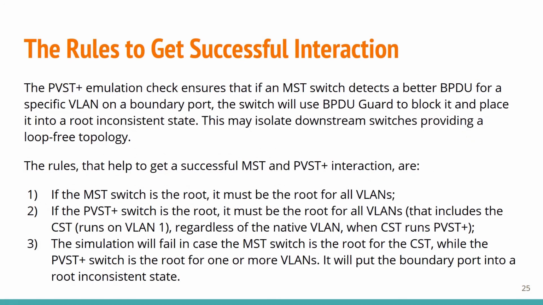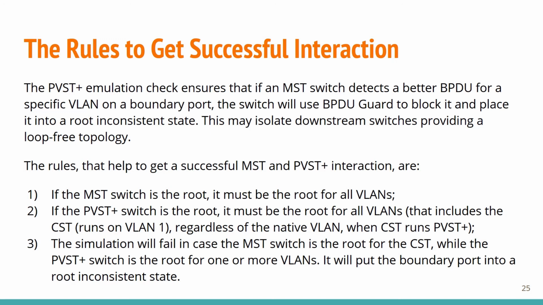The rules to get successful interaction. The PVST Plus emulation check ensures that if an MST switch detects a better BPDU for a specific VLAN on a boundary port, the switch will use BPDU guard to block it and place it into a root inconsistent state. This may isolate downstream switches, providing a loop-free topology. The rules that help to get a successful MST and PVST Plus interaction are: first one, if the MST switch is the root, it must be the root for all VLANs.